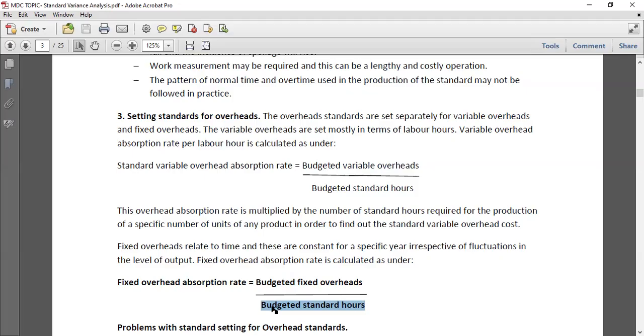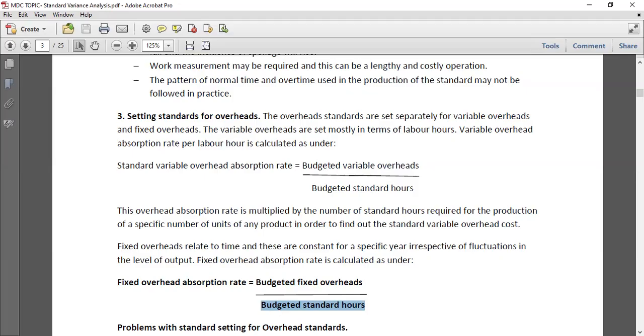This is the key principle here. Of course, the fixed overheads are usually constant, so we also want the standard to not change so much.